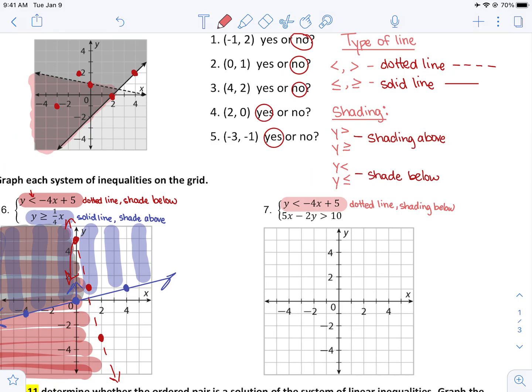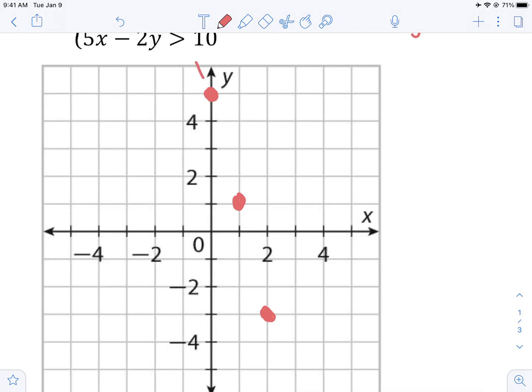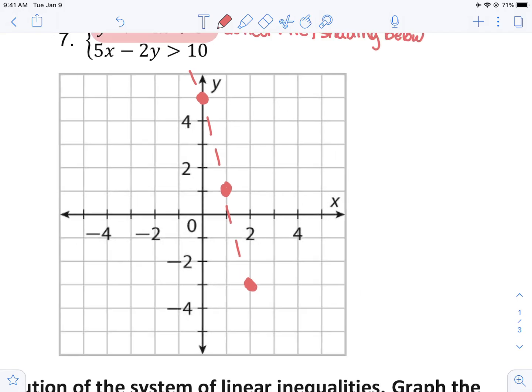Okay, so I'm just going to copy the points that I had already. So I had 5, 0, 1, 1, and 2, -3. Okay, so again, I just copied them down because it's the same line rather than trying to do more work.